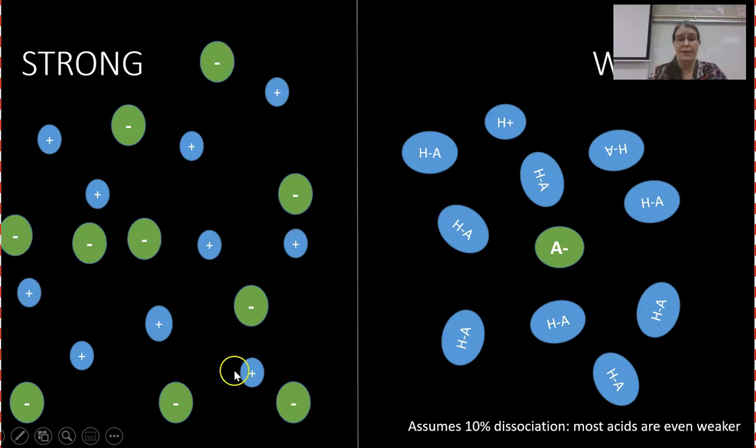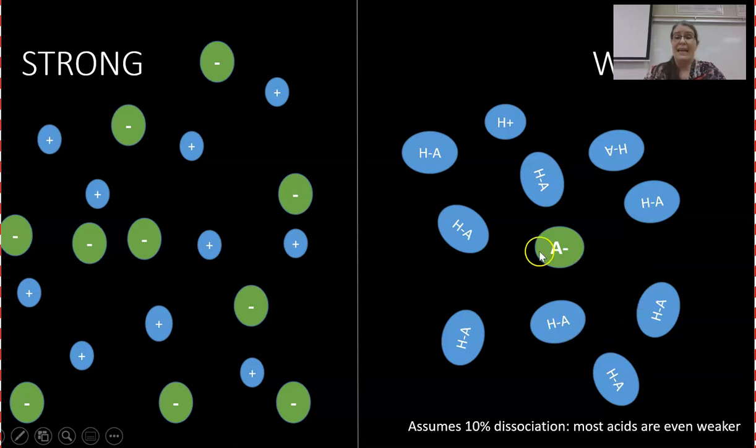None of these HA molecules are still together. That's all H+ and A-. They are dissociated from each other. They would be solvated by the water and floating around in the solution. And so you can see there are lots of ions and lots of H+. So we have a very conductive solution with a lower pH.